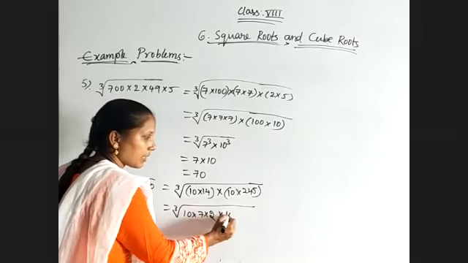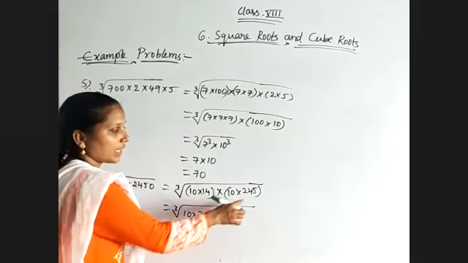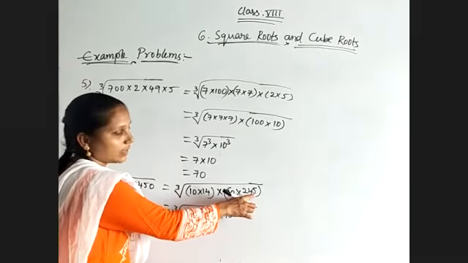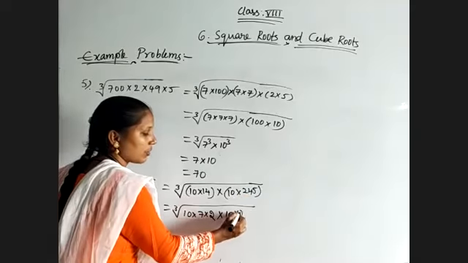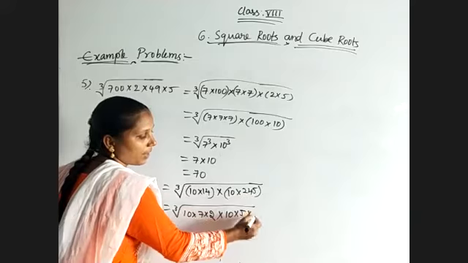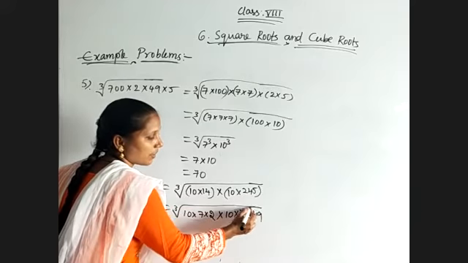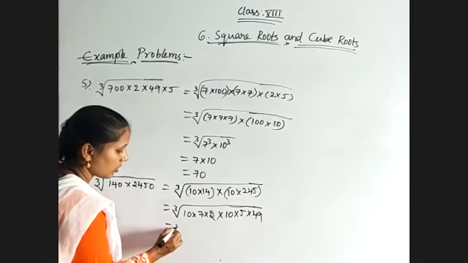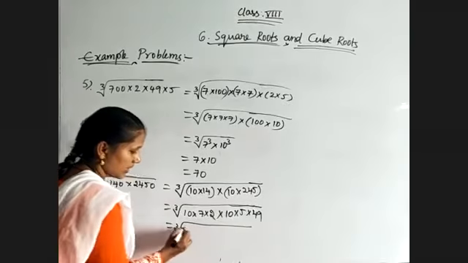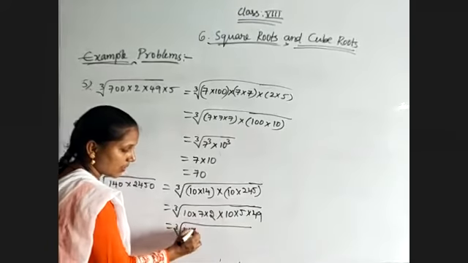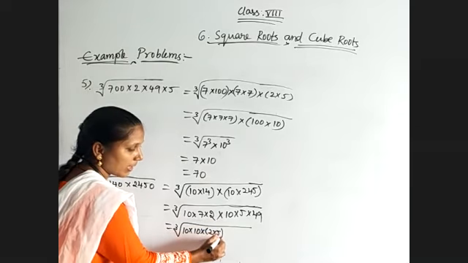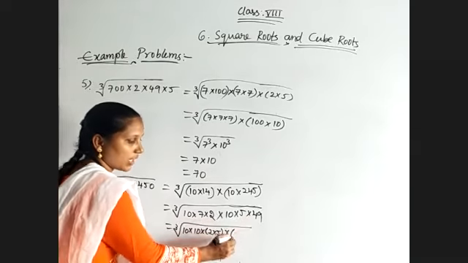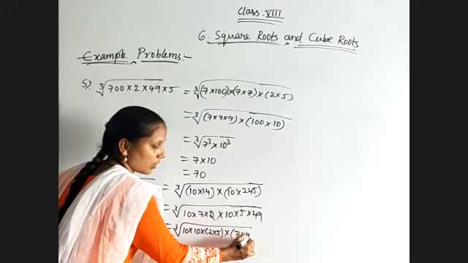And 10 I am keeping like that only. 245 I am dividing with 5 because 245 having 5, so it is cancelling 5 table only. 5 4s are 20, 5 9s are 45. Now cube root of 10 into, this 10 also I am writing here, and 2 into 5 together I am writing, into 7 into 49, that is 7 into 49.